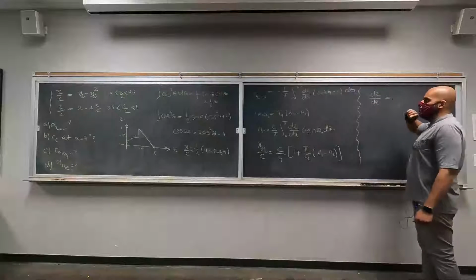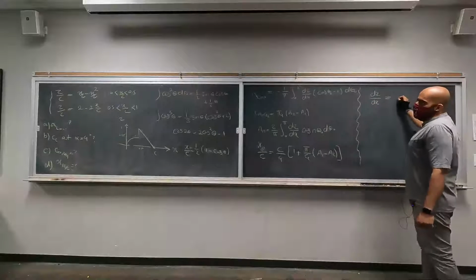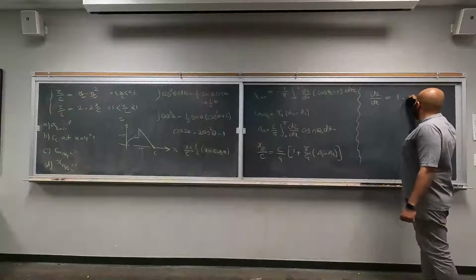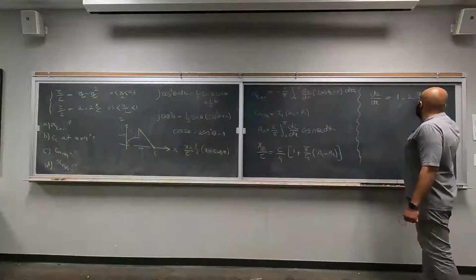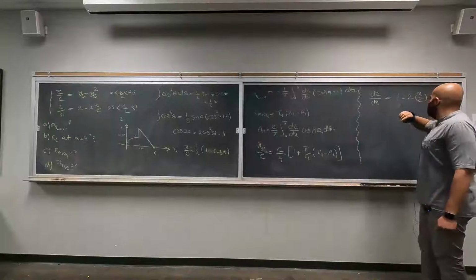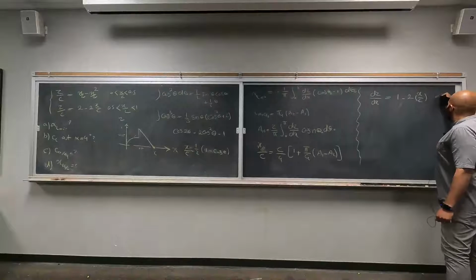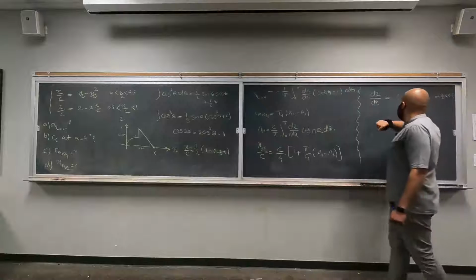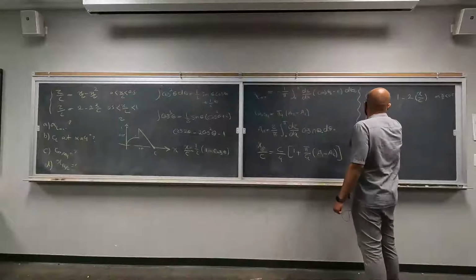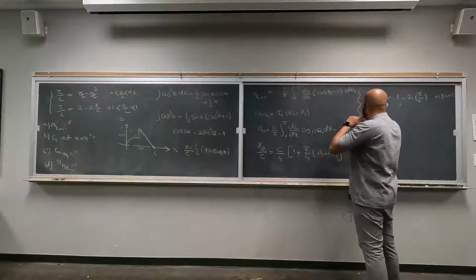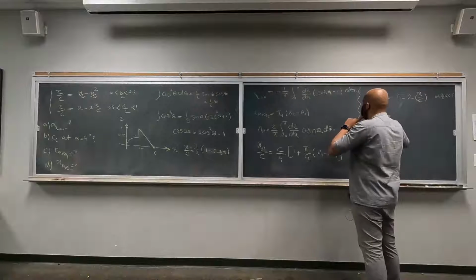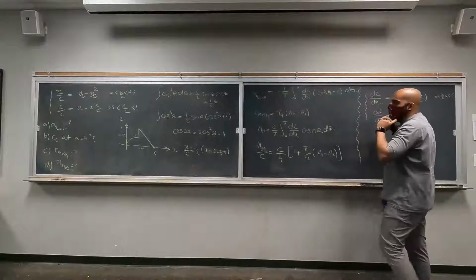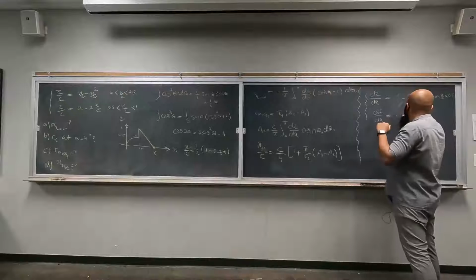I'm going to move c to the other side. When you take the derivative, you're going to get 1 minus 2x divided by c, for x divided by c between 0 and 0.5, and then dz/dx is going to be minus 2.